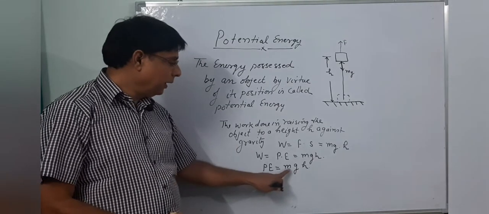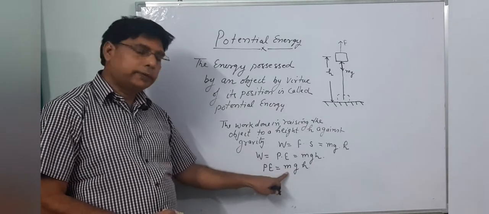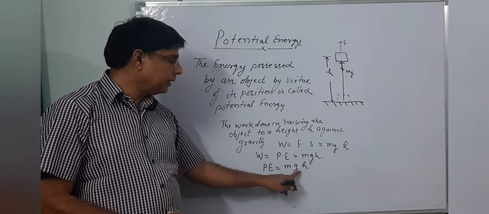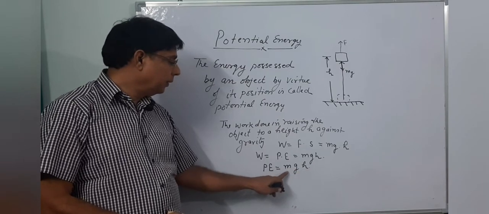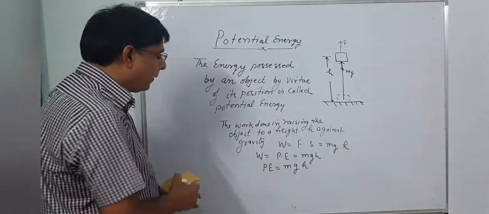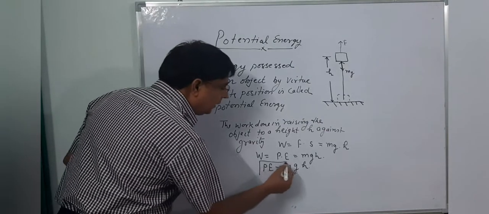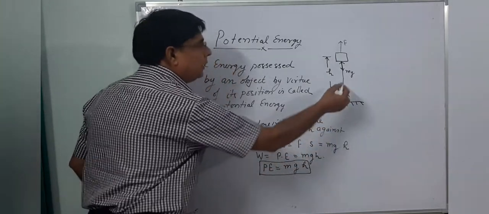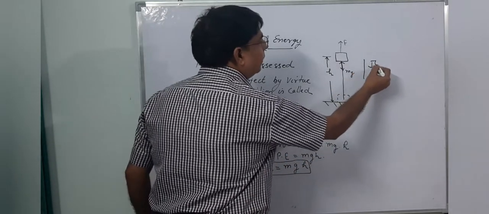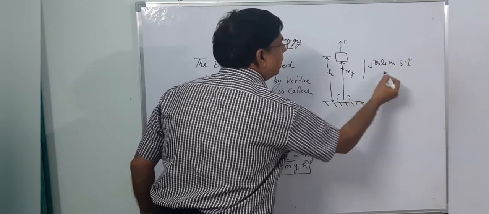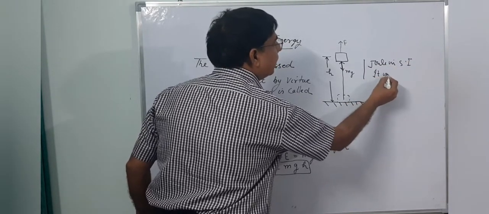It also depends on the mass of the object. If we increase the mass for the constant acceleration and the height, then potential energy will also increase. Its unit is joule in SI system, and it is also a scalar quantity.